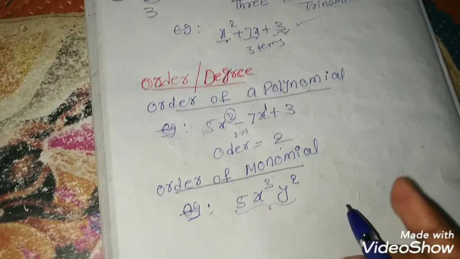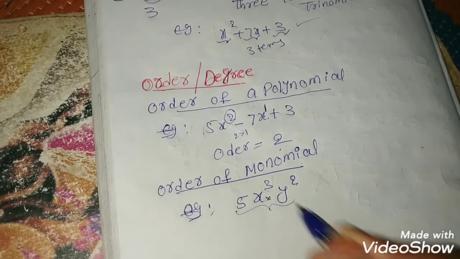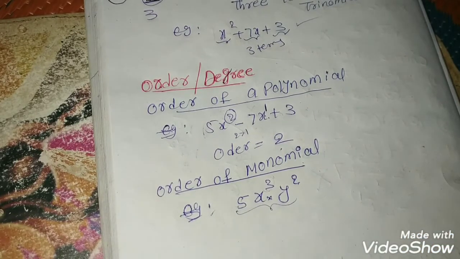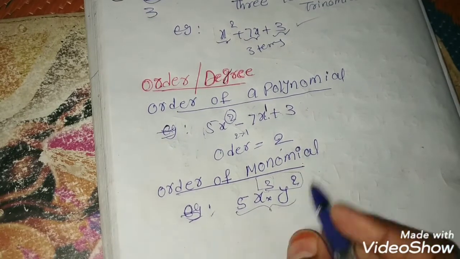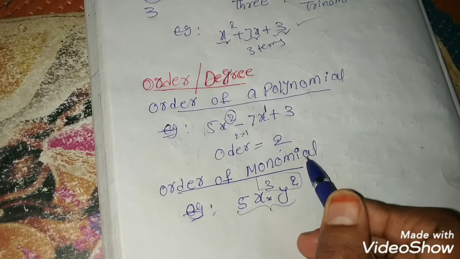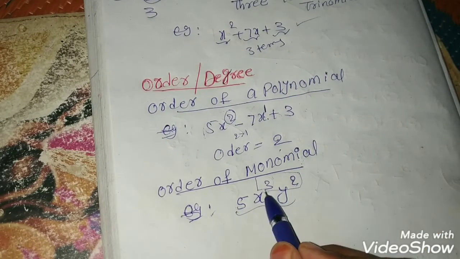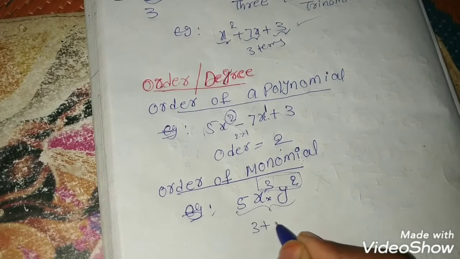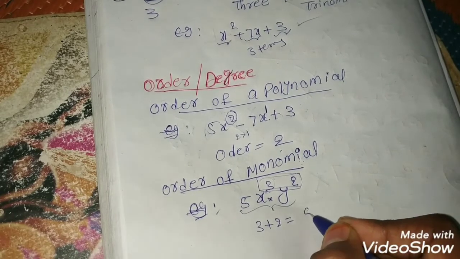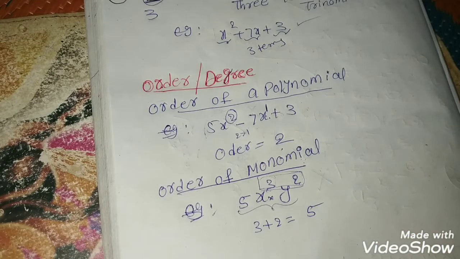But this is wrong. See, this is in the form of multiplication. When we have to choose the degree of a monomial, we have to add these two powers like this. 3 plus 2. What is 3 plus 2? 5. Okay.